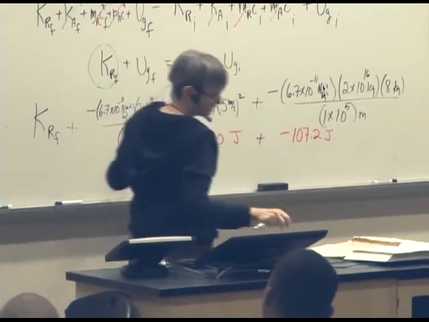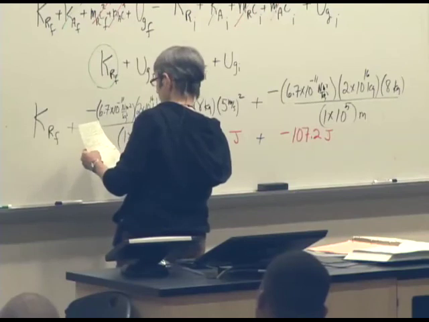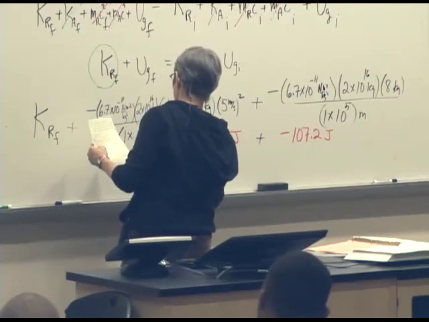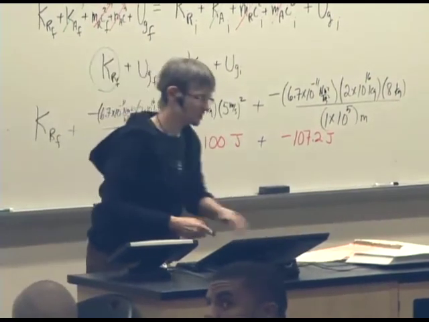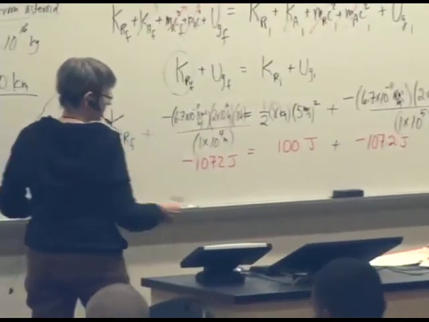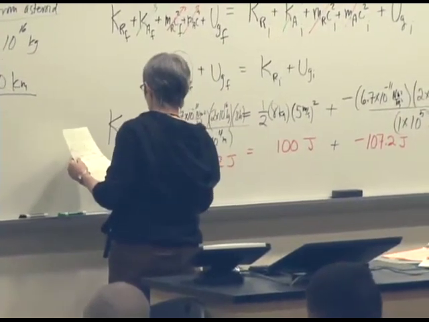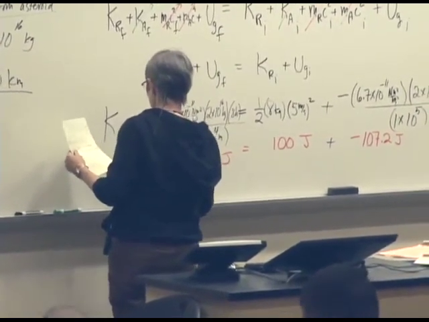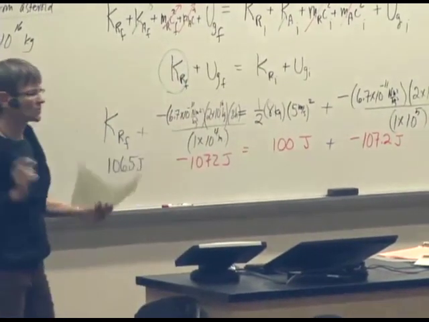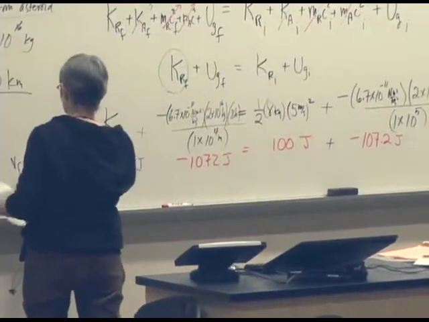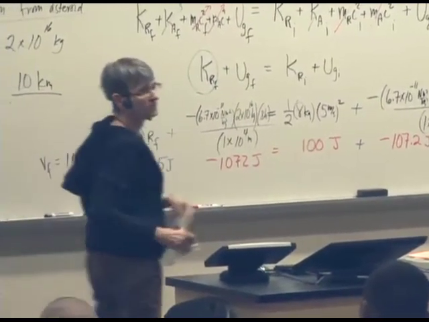And this comes out to negative 1,072 joules. And so when you get all done, you find that this has to come out to 1065 joules, and then you can solve for the final speed, which I believe comes out to something like 16.3 meters per second.